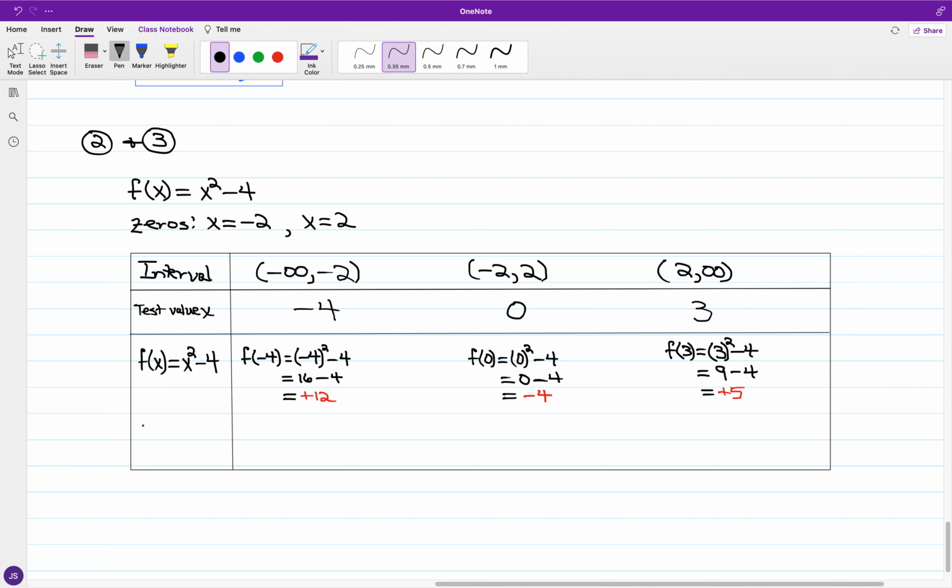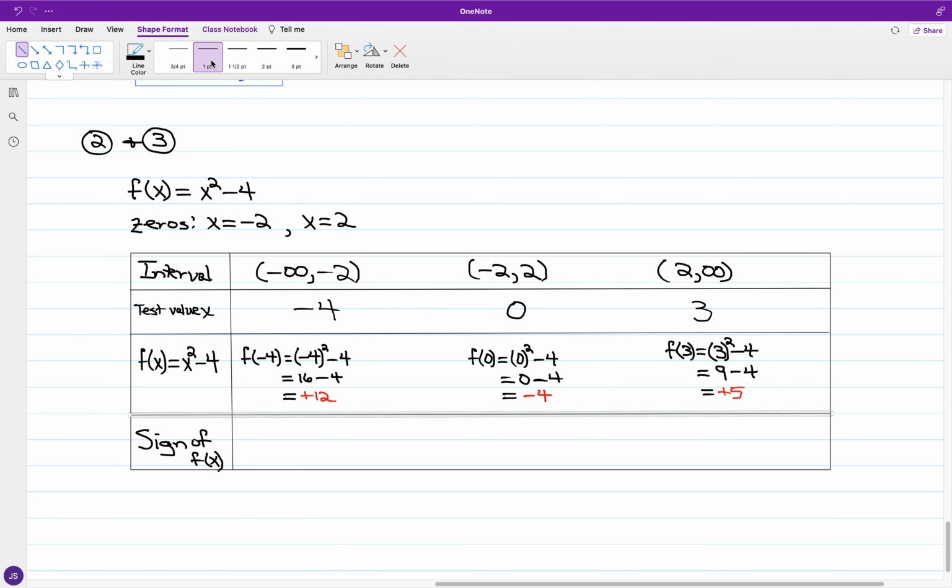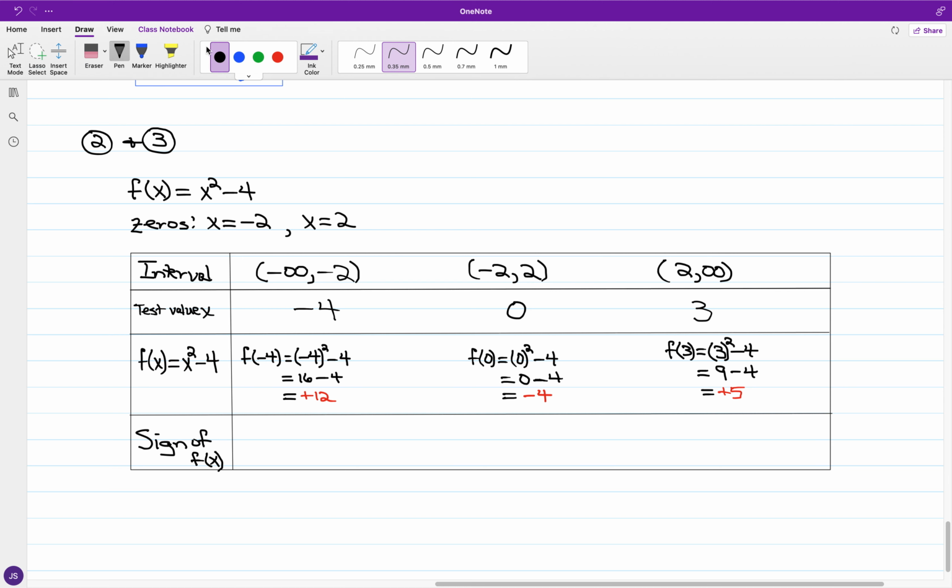Then next we'll have the sign of f of x. I'm just going to partition these sections.